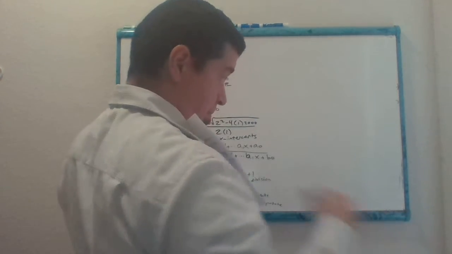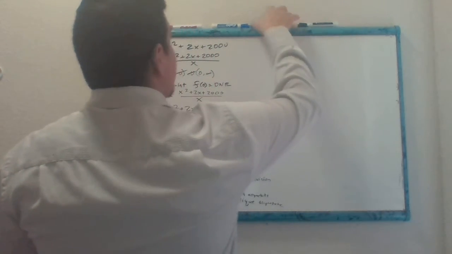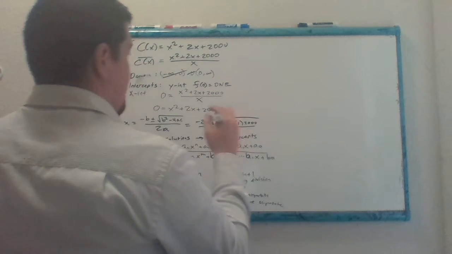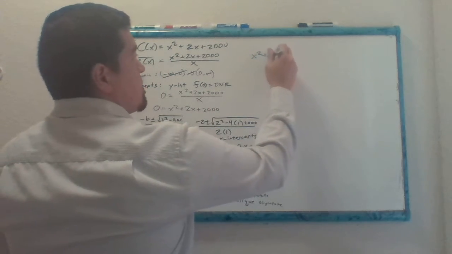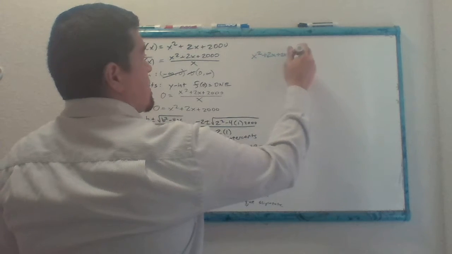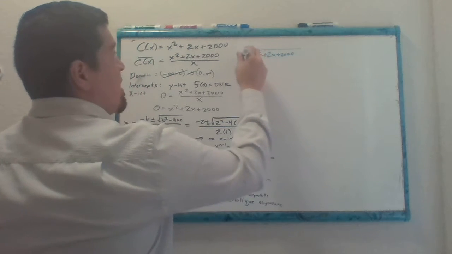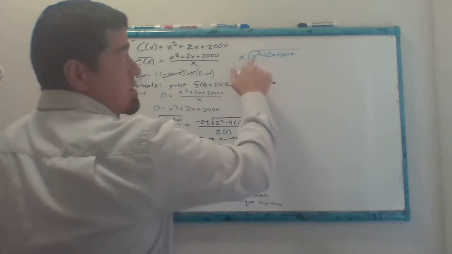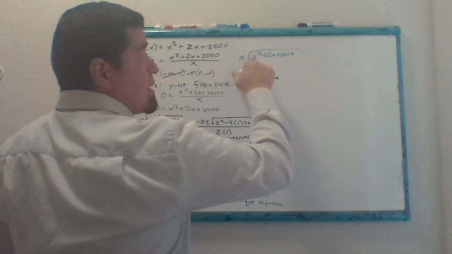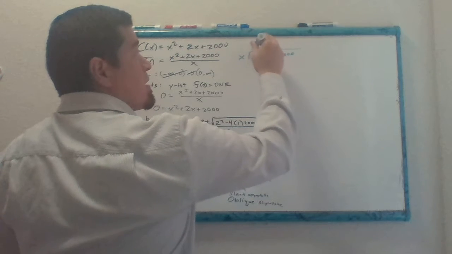I already know space is going to be a premium here, so I'm going to do this right here. How do I do this? I just look at the lead terms and divide. x squared divided by x is x.